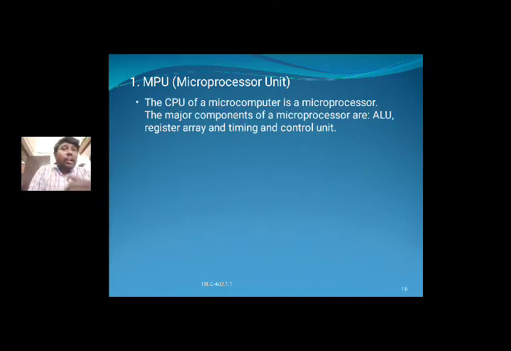And here we are discussing each block present in the microcomputer unit. The first unit is the MPU, that is the microprocessor unit. The CPU of the microcomputer is the microprocessor. The major components of the microprocessor are the ALU, arithmetic logic unit, register array, and timing and control unit.